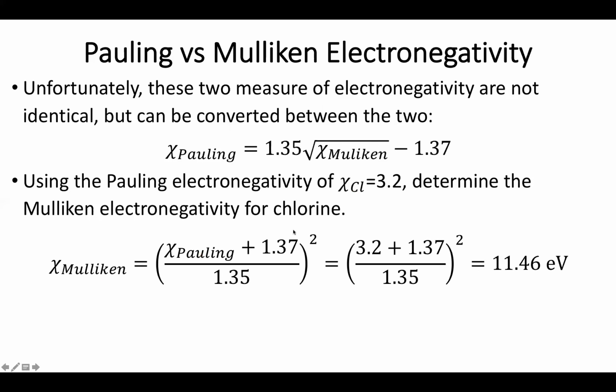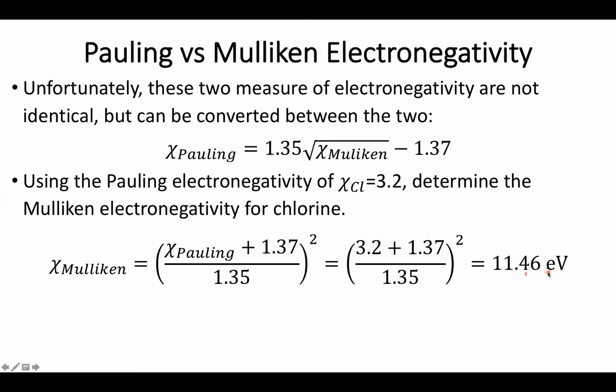It's a little bit more of an expanded form, mostly due to this squared term, but it's still a fairly straightforward relationship. So using our value of 3.2, we can plug that into our Mulliken expression, and what we end up finding is that in the Mulliken basis, we have an electronegativity of roughly 11.46, or if I want to think about it in terms of energy, 11.46 eV.